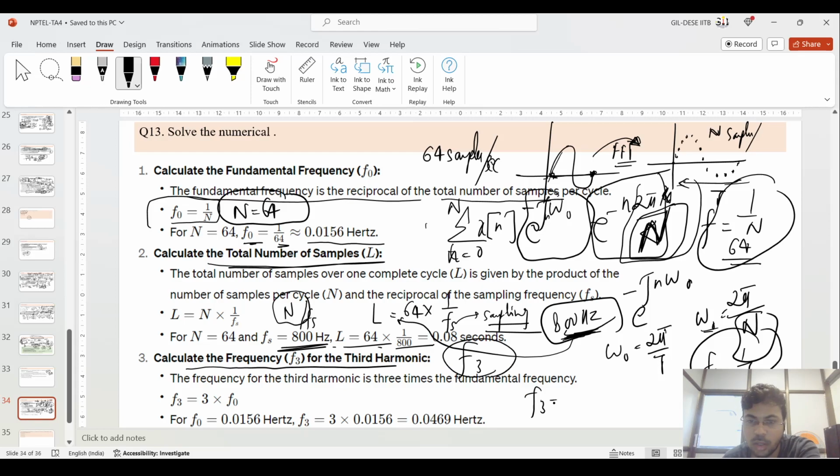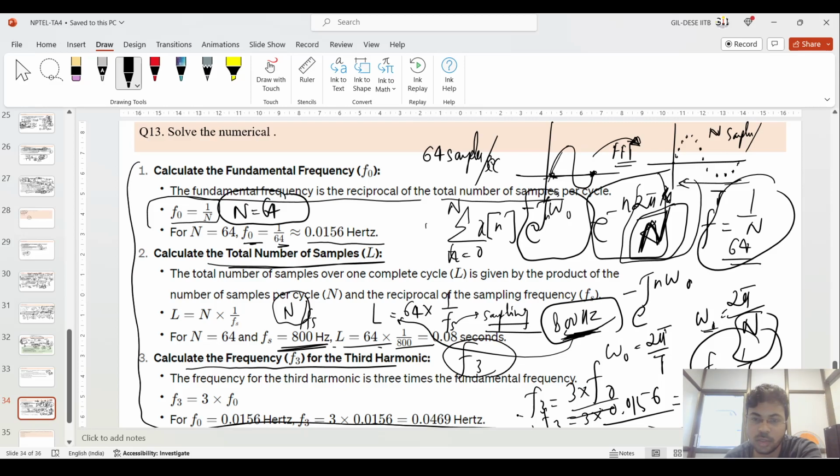Suppose in the same question you want to calculate f3, the third harmonic component. The third harmonic will be 3 times f0, if it exists. You got f0 at 0.0156, so 3 times this fundamental comes out to be 0.0691.